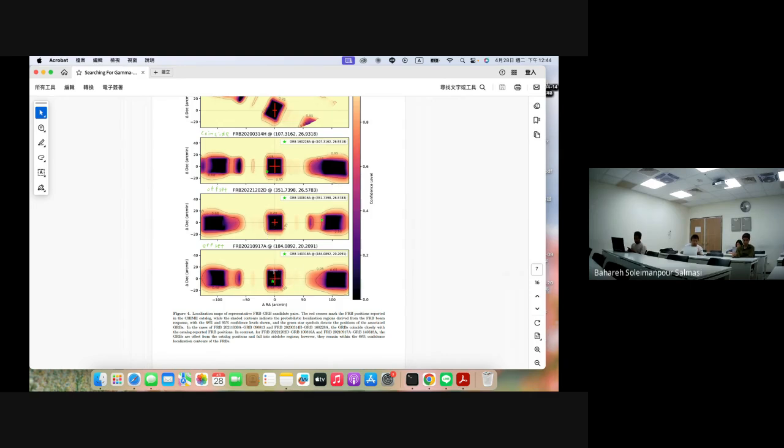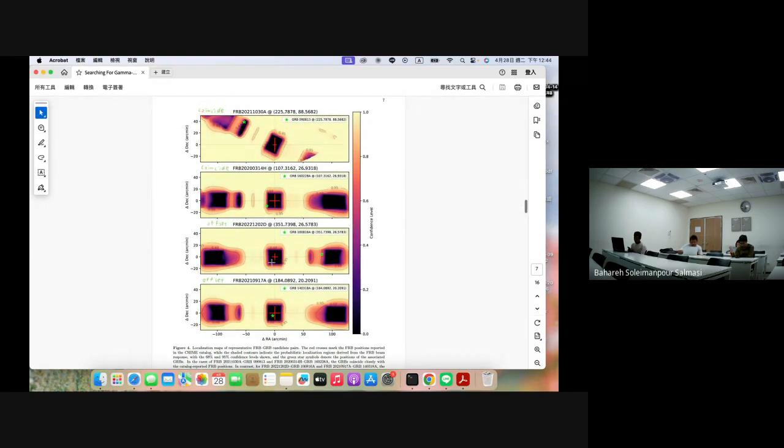But after looking into these images, I think the second one and fourth one are coincidences, and the first one and third one are offset, in my view.